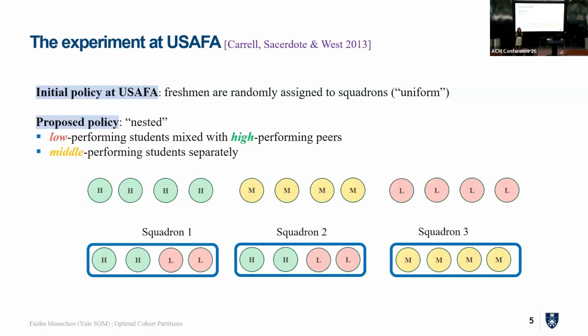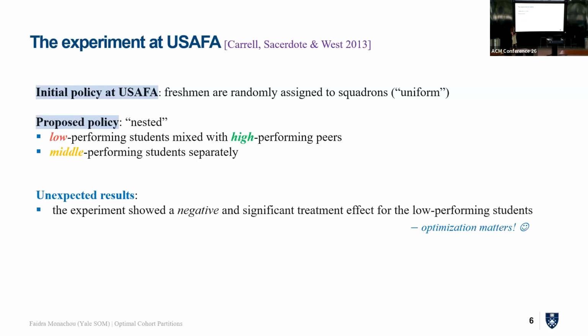To do that, they proposed what we call a nested policy. Basically, they put together the low-performing students with the high-performing students in some squadrons, and they put the remaining middle-performing students in separate squadrons. What I find fascinating about this paper is that it had several unexpected results.